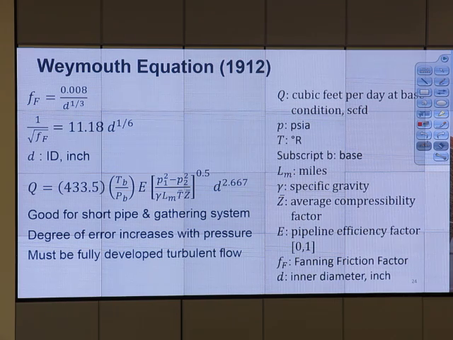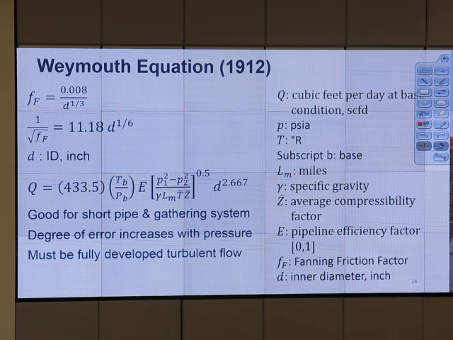The Weymouth equation is good for flow in a production facility. This is on the quiz. Memorize this. The Weymouth equation is not for long cross-country pipelines.